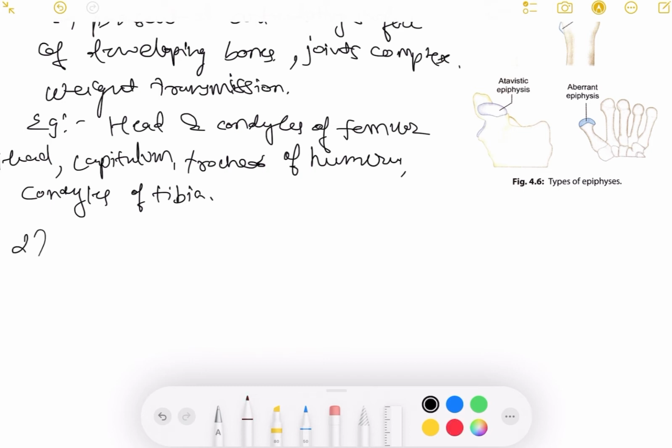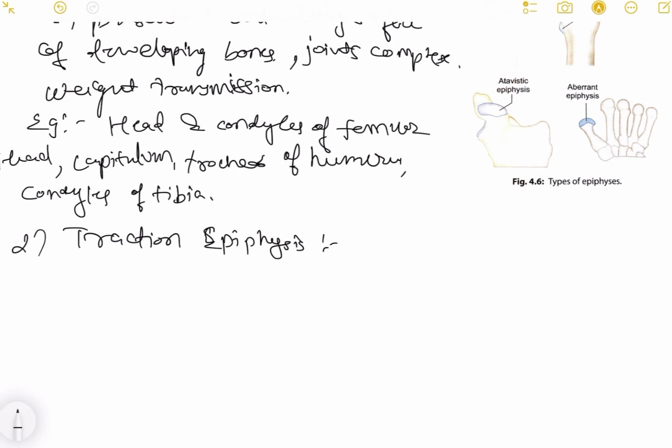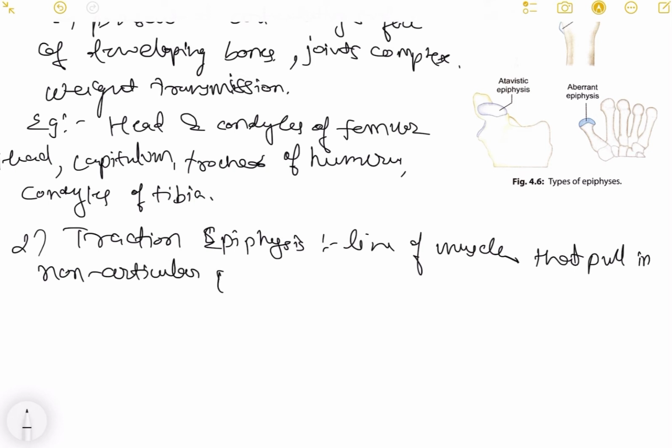Now next we can discuss traction epiphysis. It develops along the line of muscle pull in non-articular parts. Means where joint complex is absent, the bones which do not participate to form a joint, there traction epiphysis is present, because weight transmission is not there.